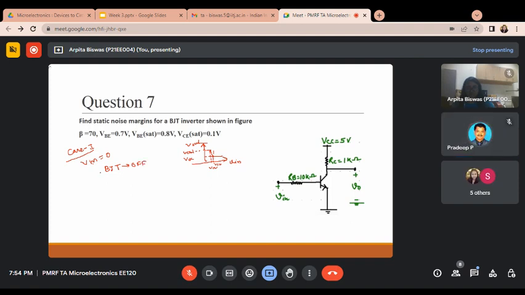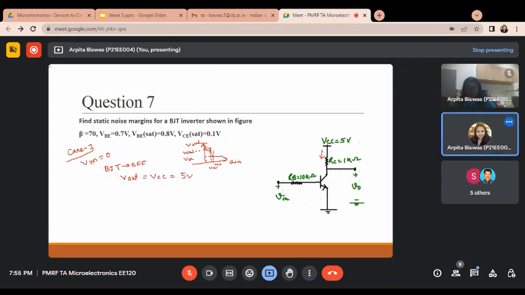So in the cutoff region, you can see here that if V input is 0, which means V input is low, in that case, V output is VCC. Because no current is passing here, V output is directly equal to VCC, which is 5 volt.